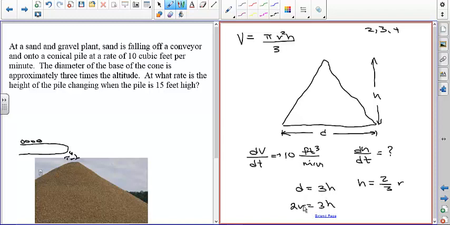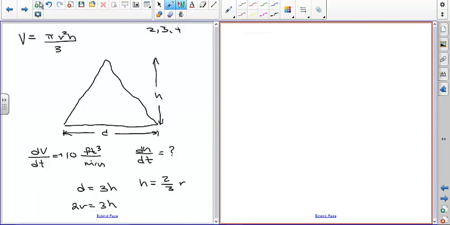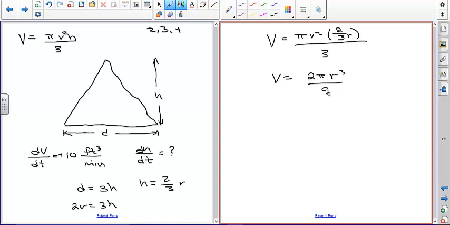I solve for h, because it's easier to do the math. If we plug that in, we get pi r squared times 2/3 r, divided by 3. If we simplify, we get 2 pi r cubed over 9. So given the relationship between height and diameter, the volume is this relationship.